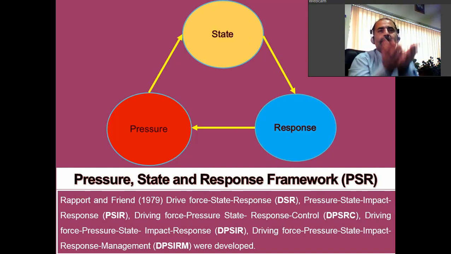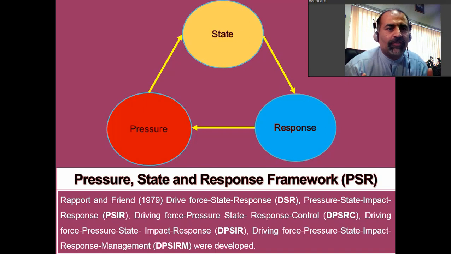You will see the evolution: it started from the very early stages, and it led to one of the most sophisticated and comprehensive approaches, which is called DPSIRM.